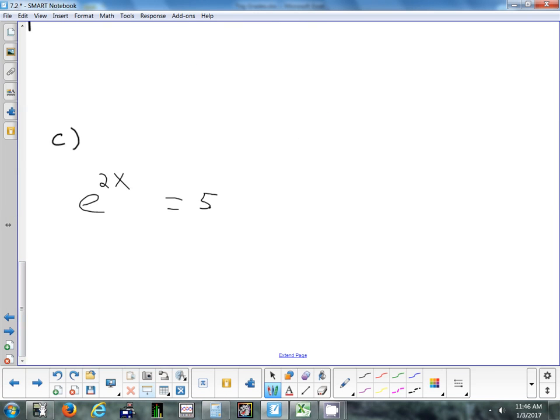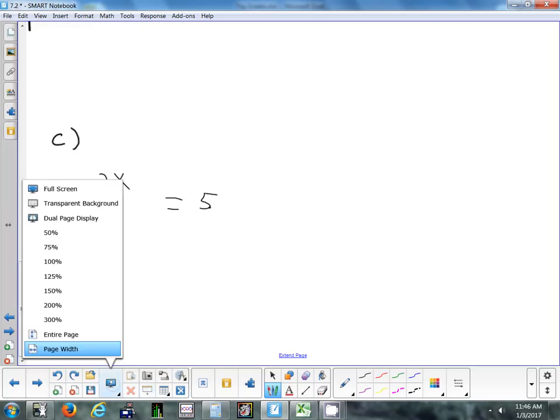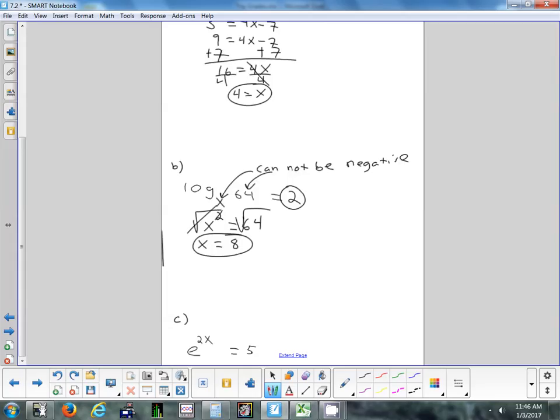Okay, and now the last type, here's an exponential one. We've got a variable in our exponent. Now what's different here compared to examples A and B?